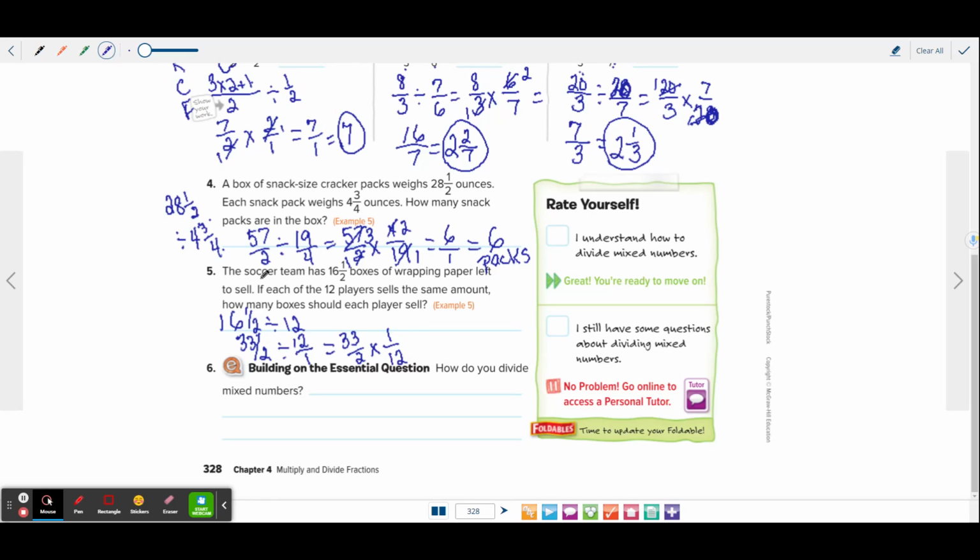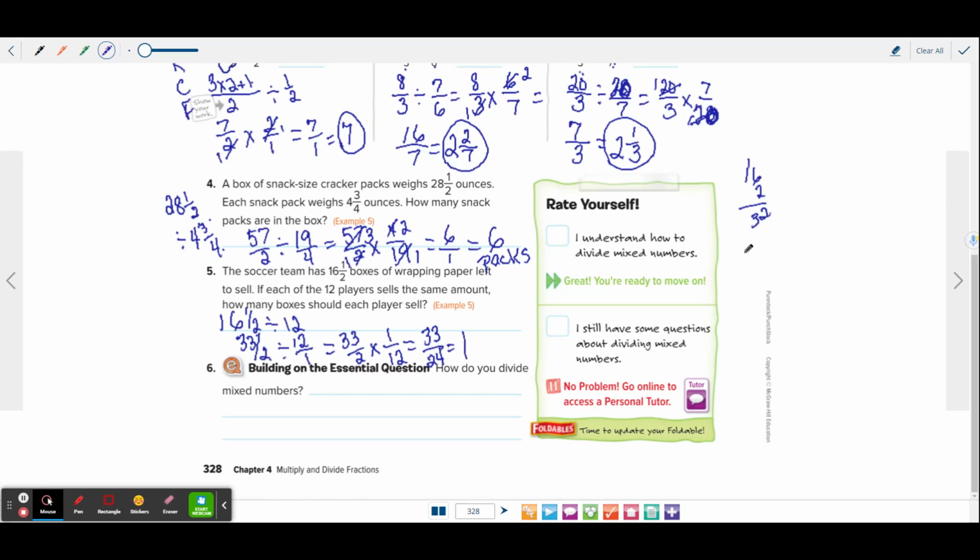Is that right? Yep. Okay. So let's see. We can't simplify anything. That's really strange. So we have 33 over 24.